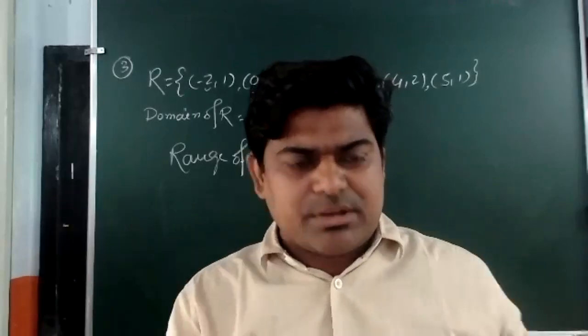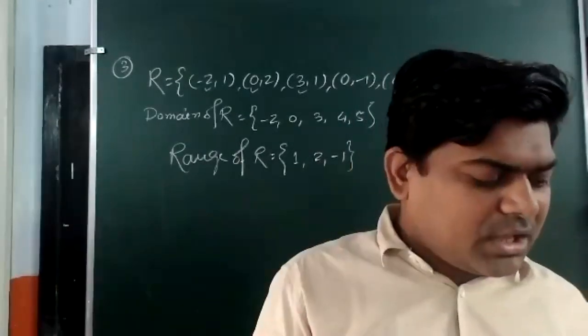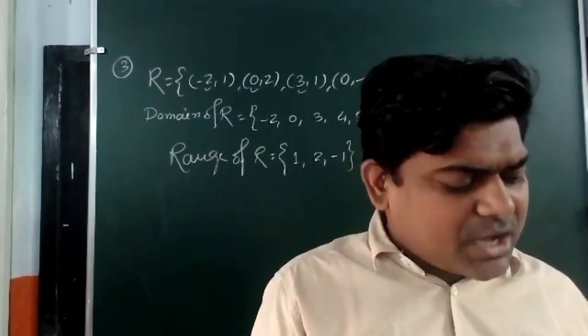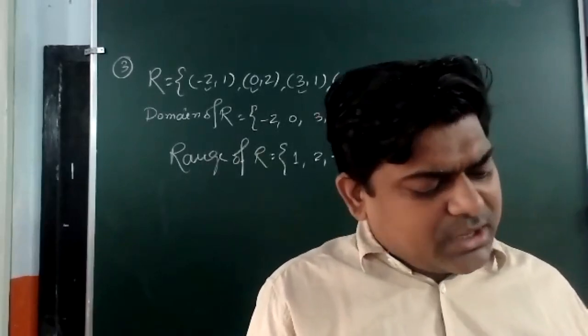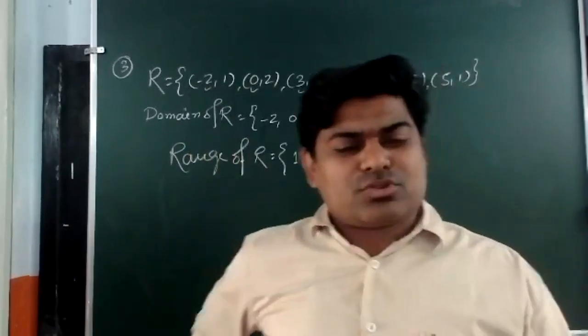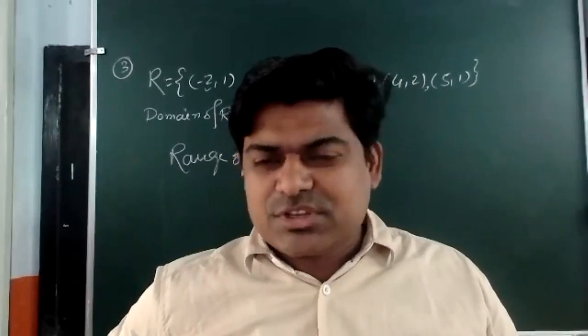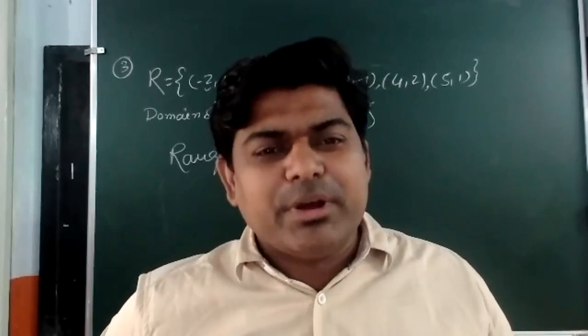Say yes or no. And I think the same thing is given in question number 4 here. A and B two sets are given, and R is the relation from A to B. R is equal to {(x, y) such that x belongs to A and y belongs to B, and x is less than y}. What I have to do is write R in roster form. Can we write or not? I think the definition was given like that only, and I hope you will write. If there is any problem, you may ask.